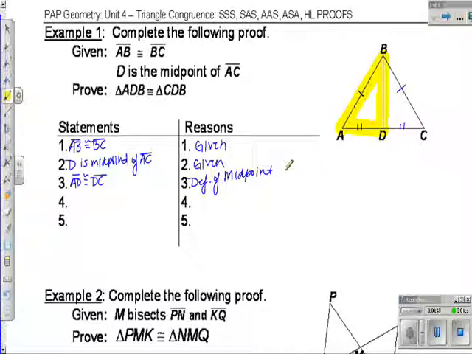Well, if we want to prove those two triangles congruent, we already have two sides congruent to two sides. Well, if we know that three sides of one triangle are congruent to three sides of the other, the triangles are congruent. Well, they share the side BD, so we can go ahead and say that BD is congruent to BD by the reflexive property of congruence.